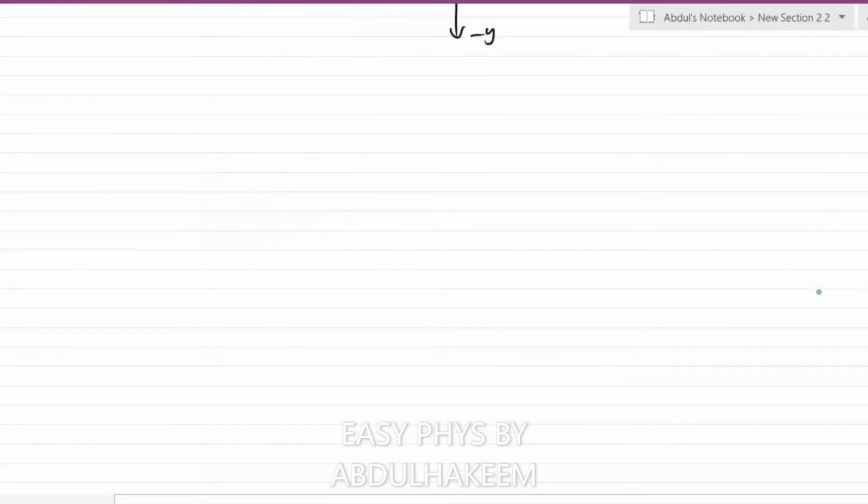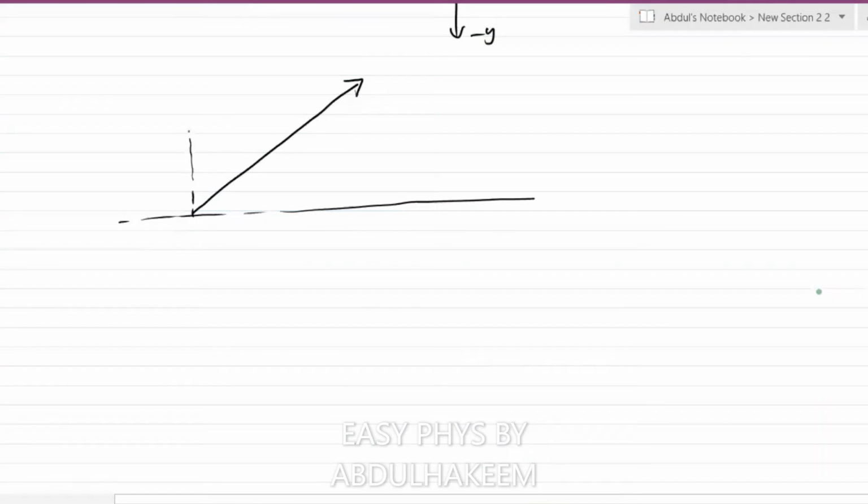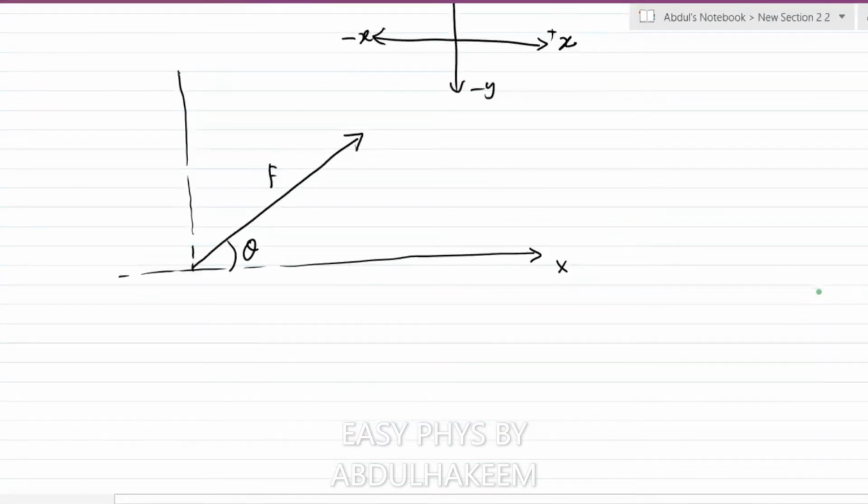Now suppose the vector is not 100% vertical or horizontal, it is angled with the horizontal. So this is the horizontal line and this is the vertical line, and vector F is making some angle theta here. This is the x line, this is the y line, and this is the origin for the graph. We have to resolve this vector into its components.